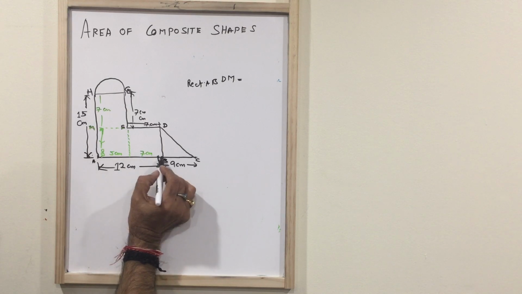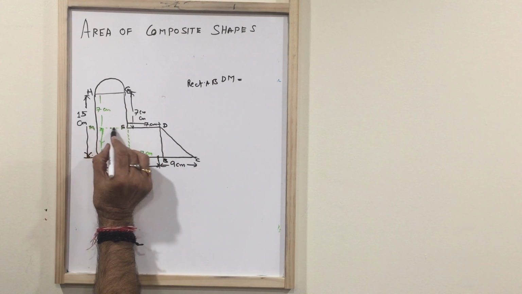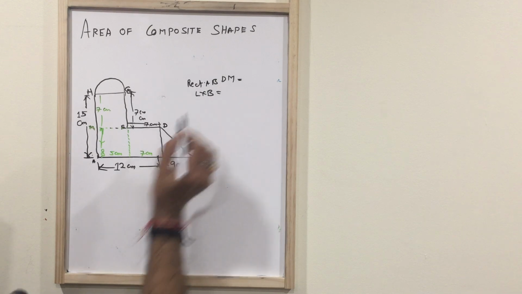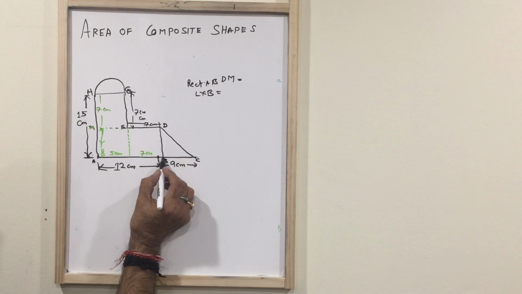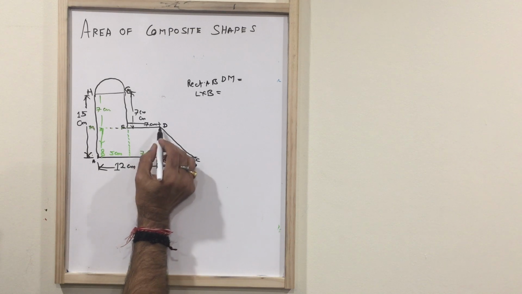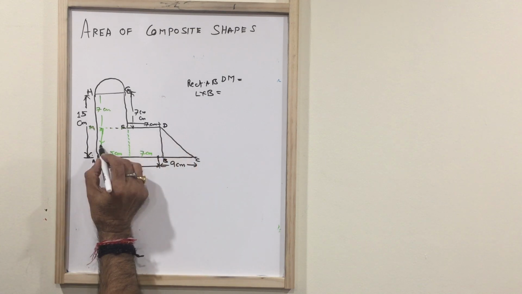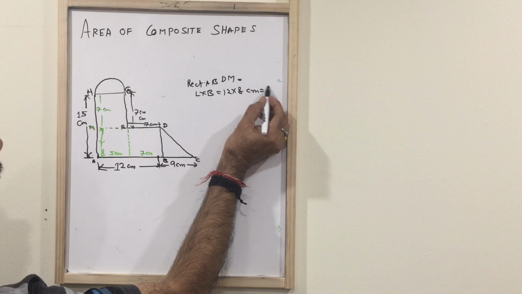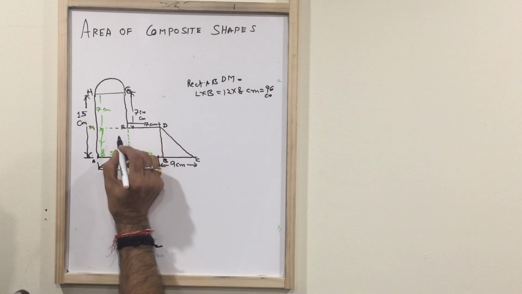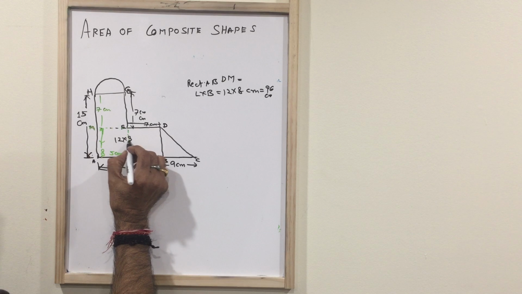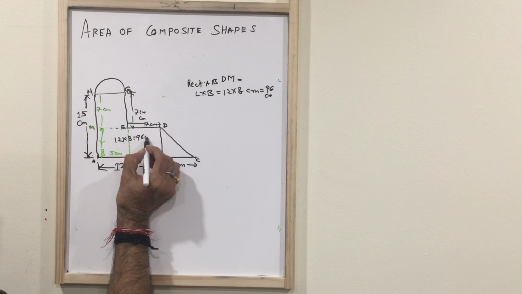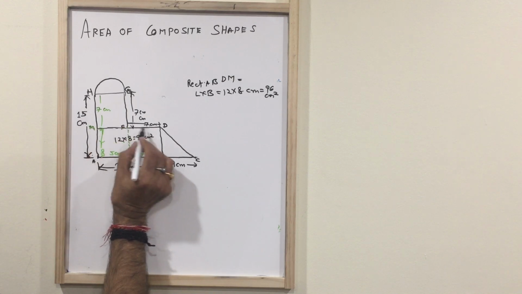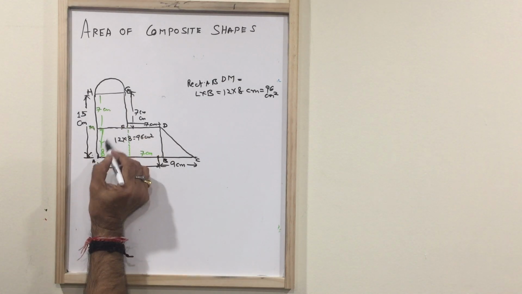The area of this rectangle is equal to length into breadth, where the length is 12 centimeter and this will be 8 centimeter. So 12 into 8 is equal to 96 centimeter square is our area of this figure.